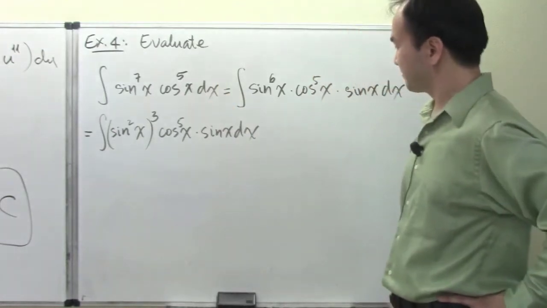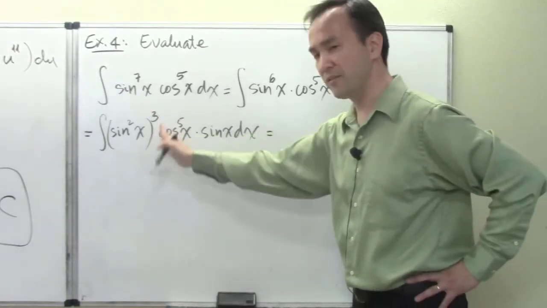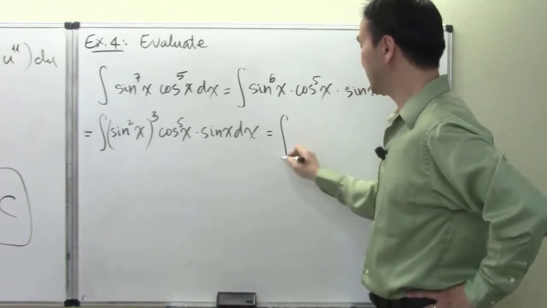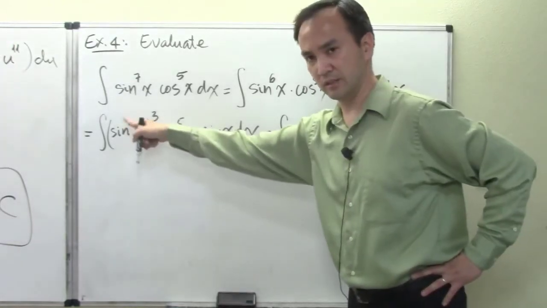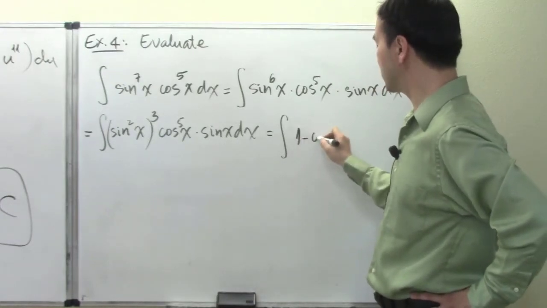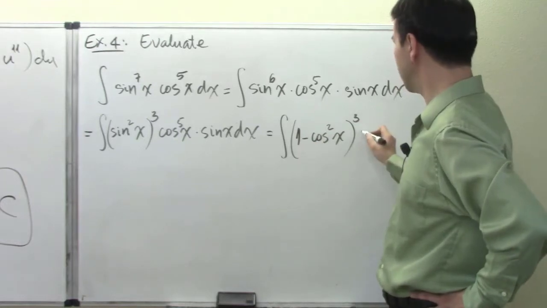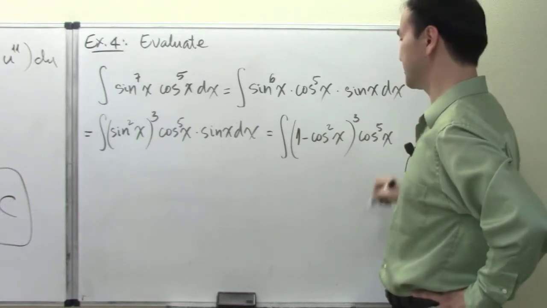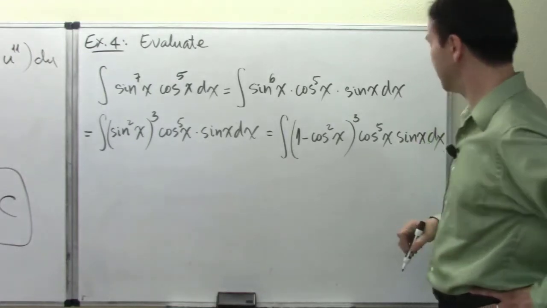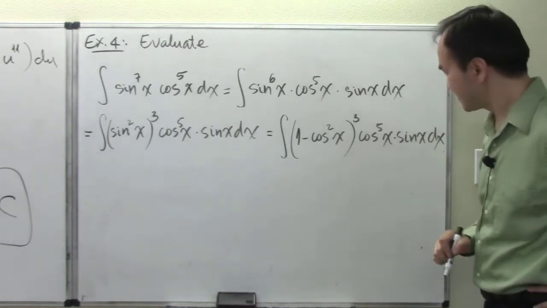Now in my next step, just like previous experience, sine squared here I'm going to rewrite using the famous trig identity as 1 minus cosine squared of x, to the 3rd power, times cosine to the 5th of x, times sine of x dx.